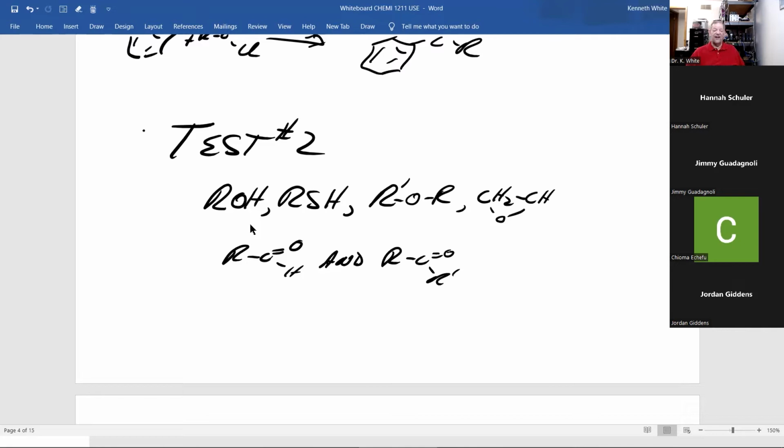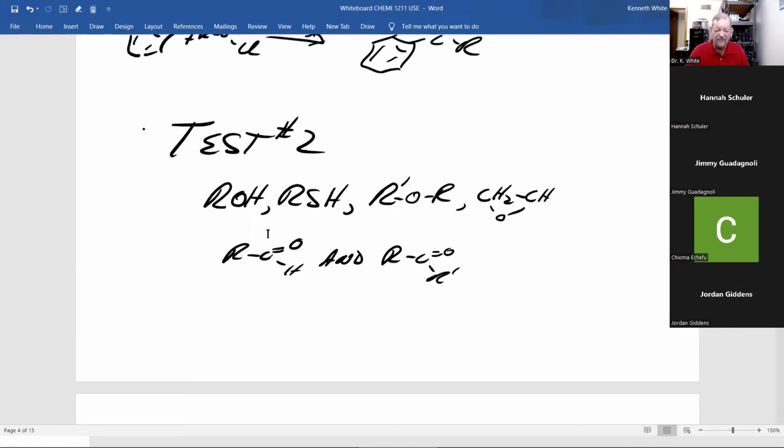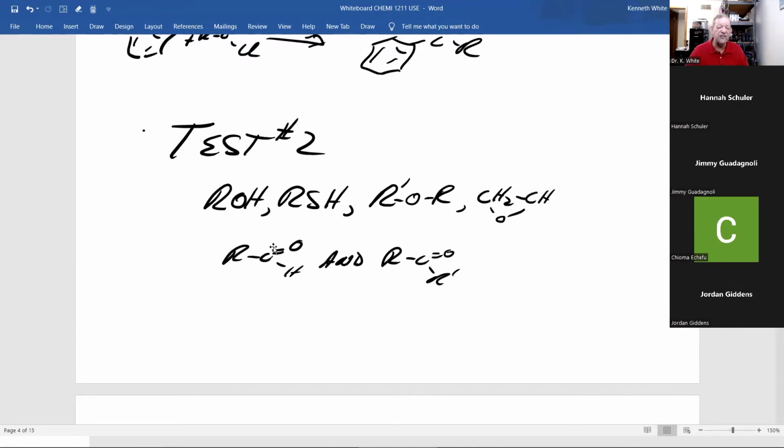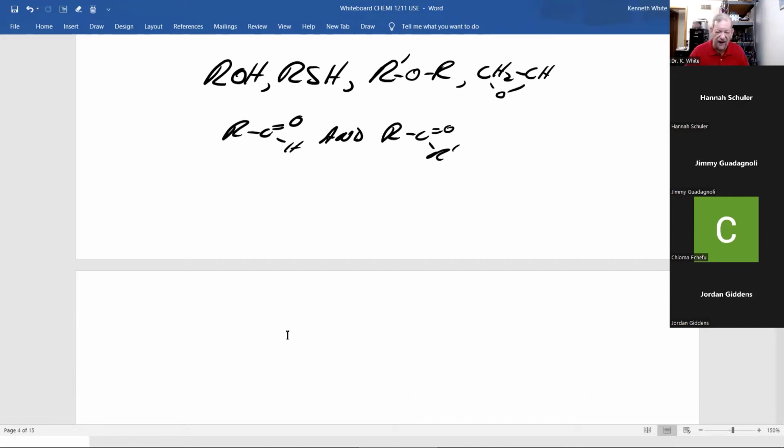And anything on this test, I'll talk about the concept in the lecture, at least 2, probably a lot more. 4 or 5 usually I'll try and hit. And what the difference is, and this is approximate, I'll give you the exact.